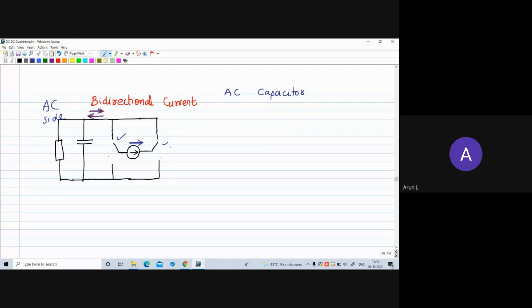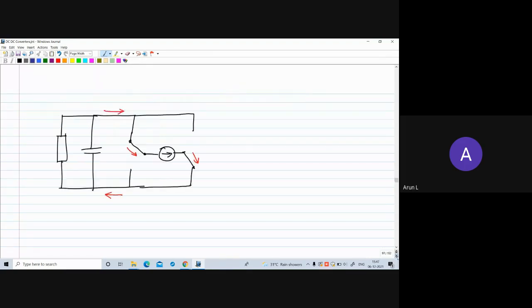Now, how to realize these four switching actions? Let us analyze that. When point A is connected to the upper throw and point B is connected to the lower throw, current will be flowing this way, like this.